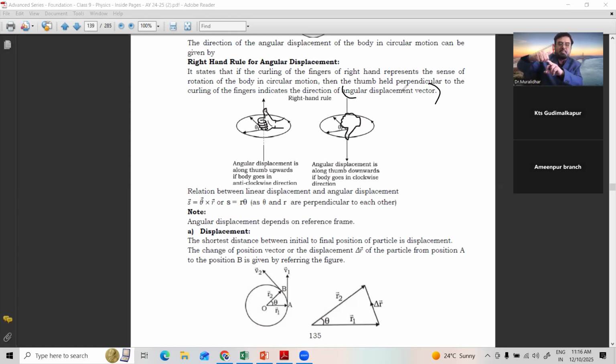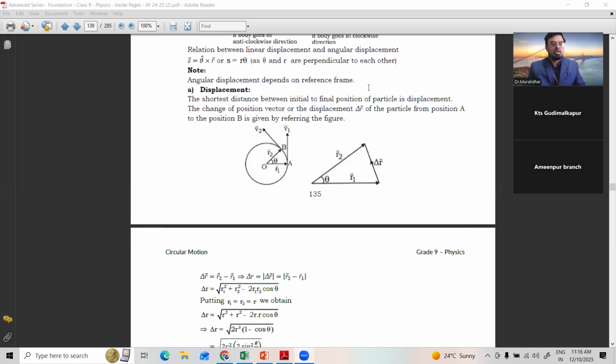So the rotation is represented by the curled or folded fingers, whereas the direction of the thumb represents the direction of angular displacement. The radius is constant, that is called the radius vector, right? Very interesting, that is the right hand rule. You can do it with your right hand also, you get the same. Okay.